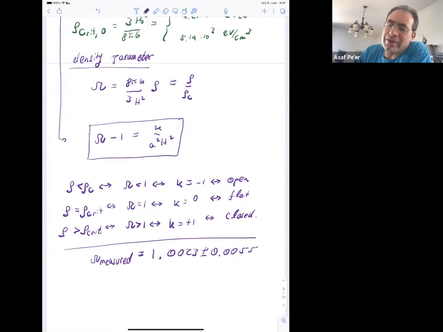Now, if you've heard about the idea of inflation, this is one of the strong motivations of why people came up with this idea: in order to explain how it can be that the universe today is so close to being flat. These are all the measures that we have. In fact, it is consistent with being flat.